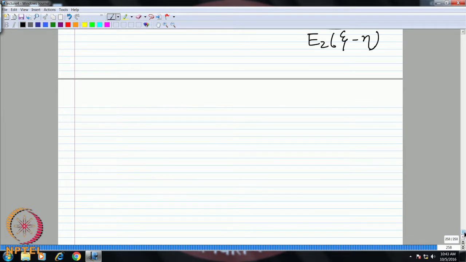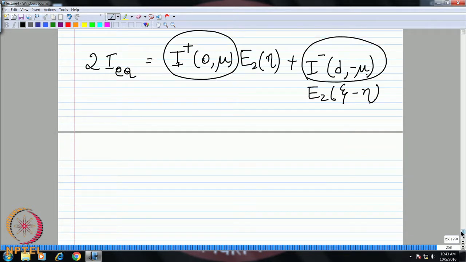So, you have 3 terms essentially, 0 to zeta, I equilibrium, E1, eta prime minus eta, d eta prime.